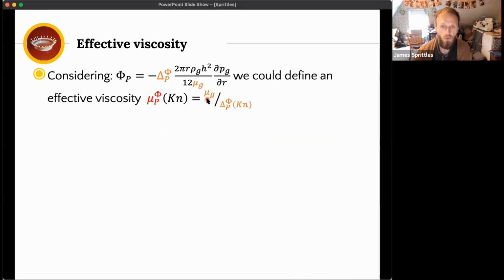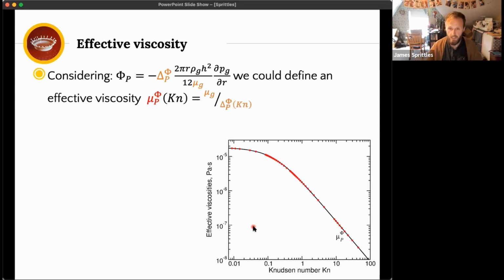As I said before, the actual gas viscosity doesn't depend on pressure, it's a constant. But we can define an effective viscosity, which is simply the actual one divided by this flow coefficient. And that will then give us a picture of what's going on. If we look at this effective viscosity at small Knudsen numbers, we have the usual viscosity of air.